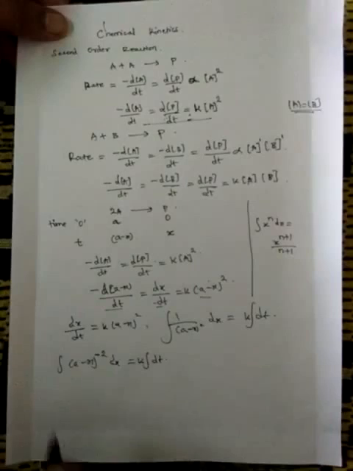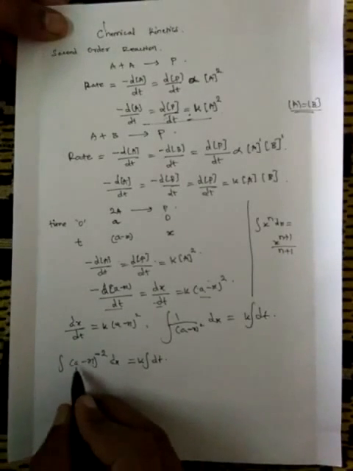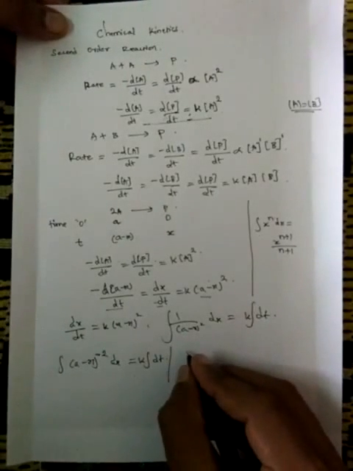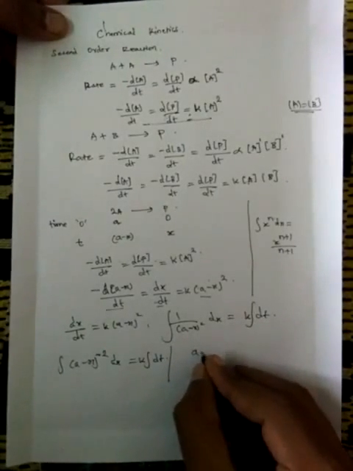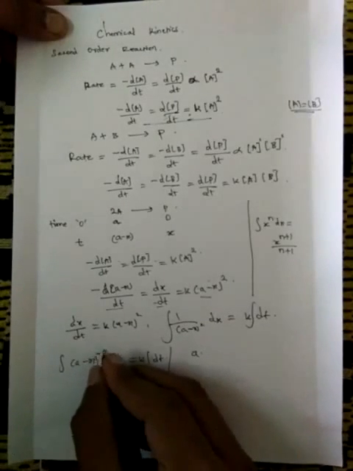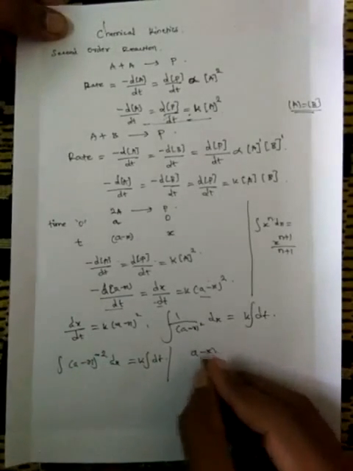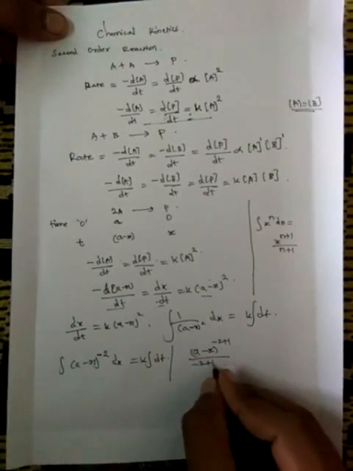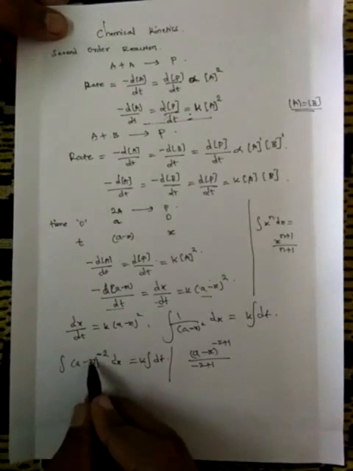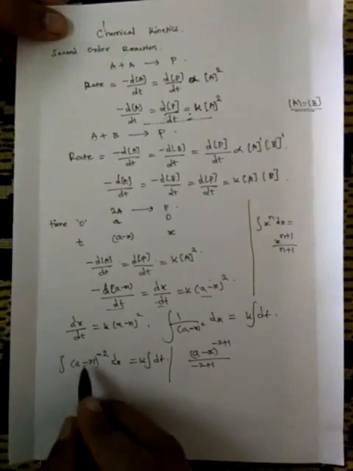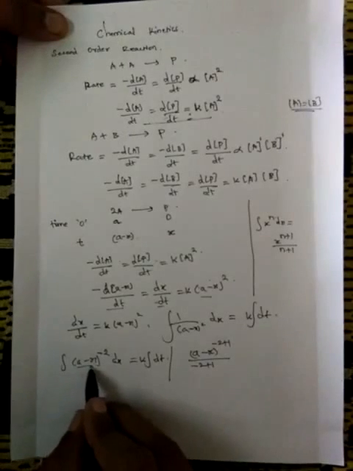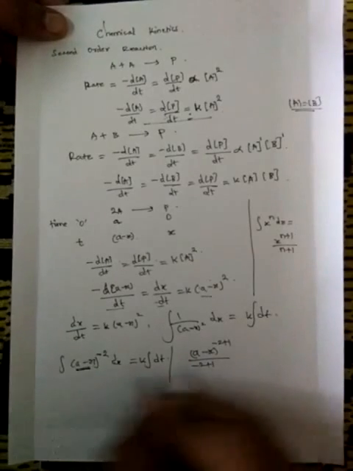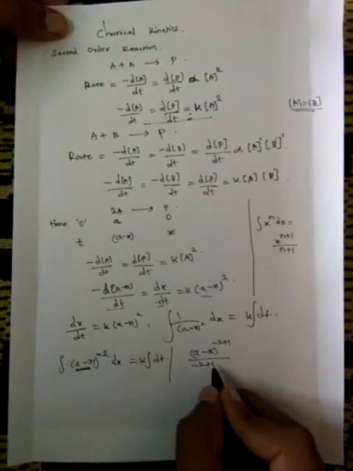Apply this formula, and this is A minus X. For this, this is X power minus 2, so it is (A minus X) power minus 2 plus 1 divided by minus 2 plus 1. Then this is not simply X, it is A minus X. Therefore, you differentiate A minus X and write it in the denominator.